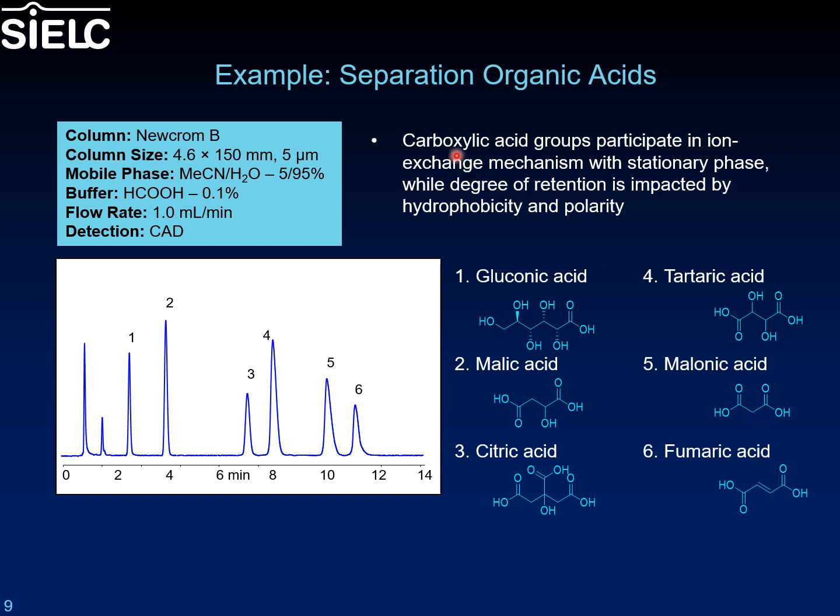Given that the carboxylic acid groups are the ones that are participating in the ion exchange mechanism, it's the hydroxyl groups themselves that impact the level of hydrophobicity that each compound experiences.